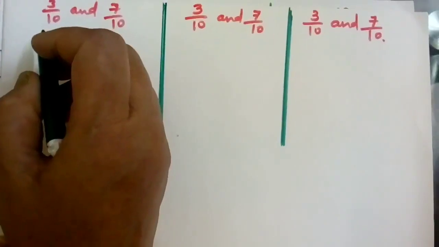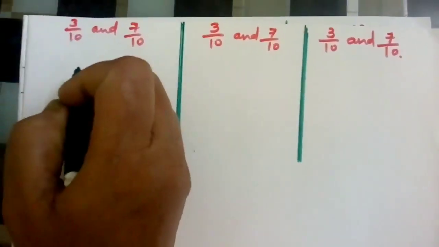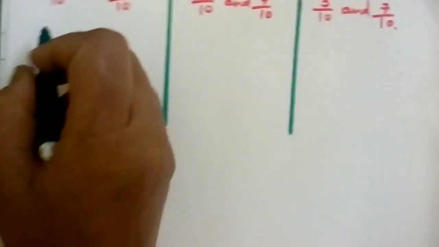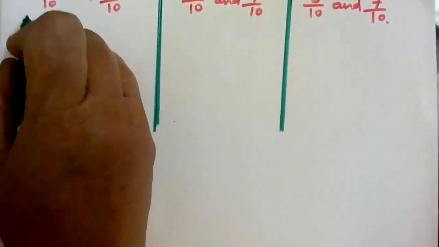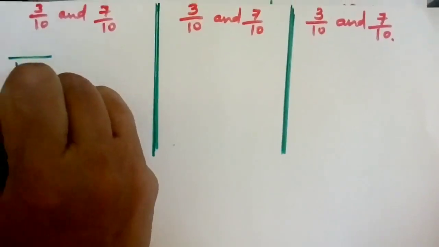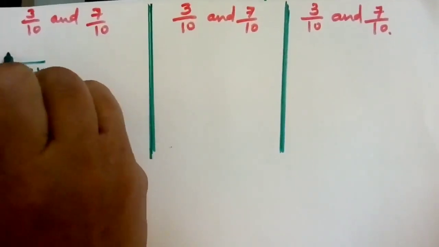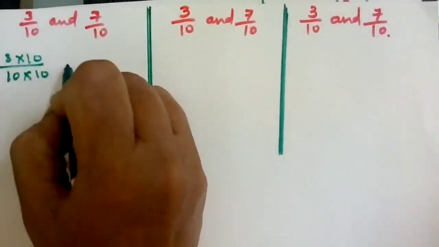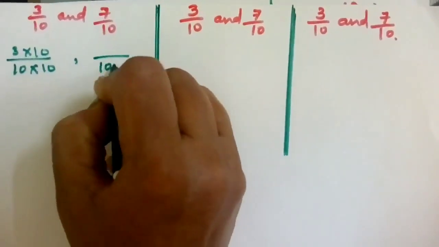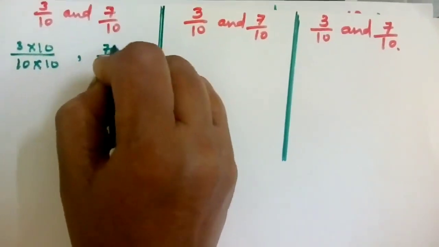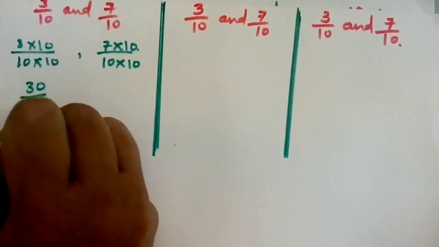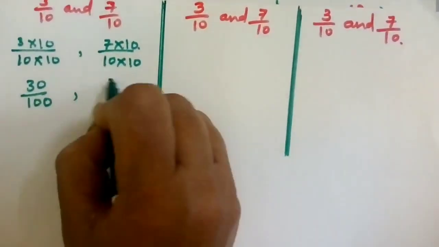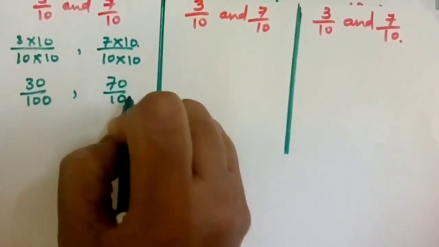For example, now we will find still other numbers between 3 upon 10 and 7 upon 10. So first, if we multiply both the numerator and denominator by 10, then the denominator will be 10 into 10 and the numerator will be 3 into 10. And here the denominator will be 10 into 10, and the numerator will be 7 into 10. So it will be 30 upon 100 and 70 upon 100.